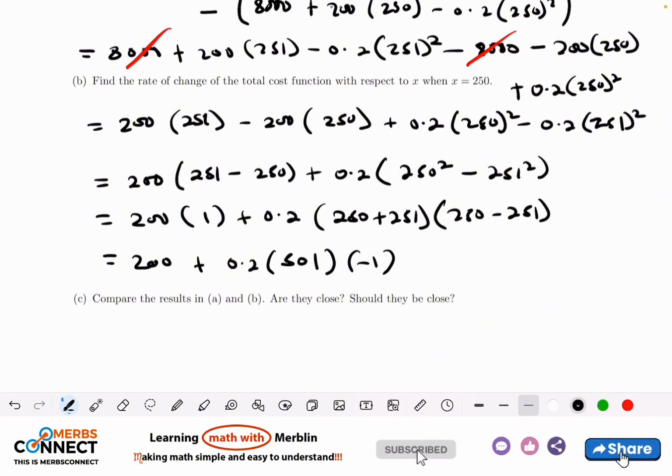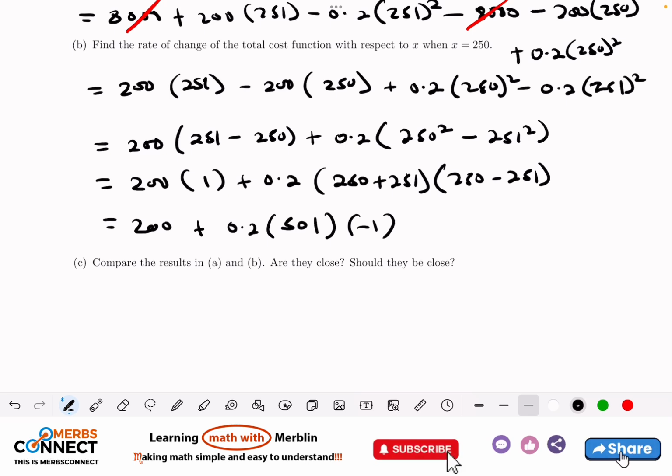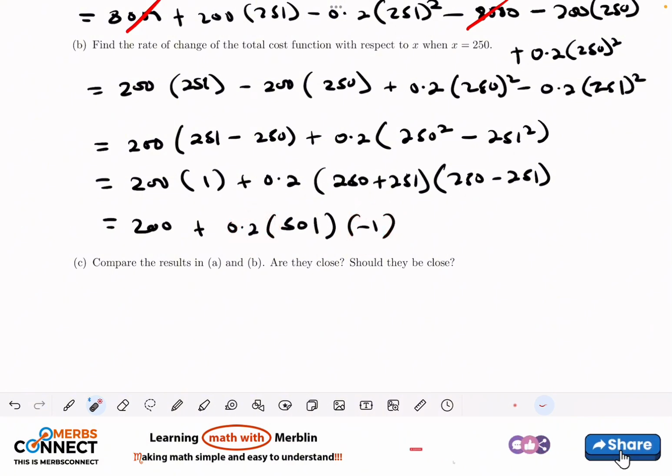Nice. So that's what I'm going to have. Now what I can do is multiply this by that. So I'm going to have something like 200 plus. So when I multiply the negative, this one will change to what?